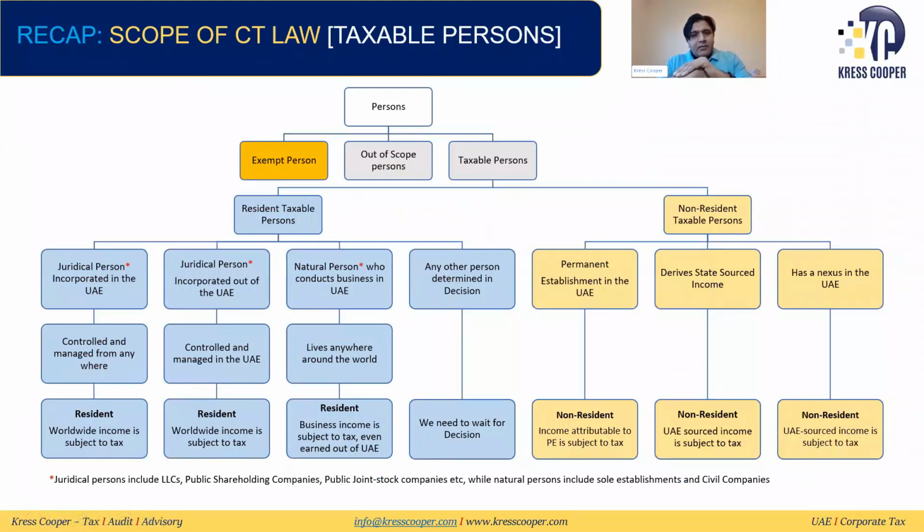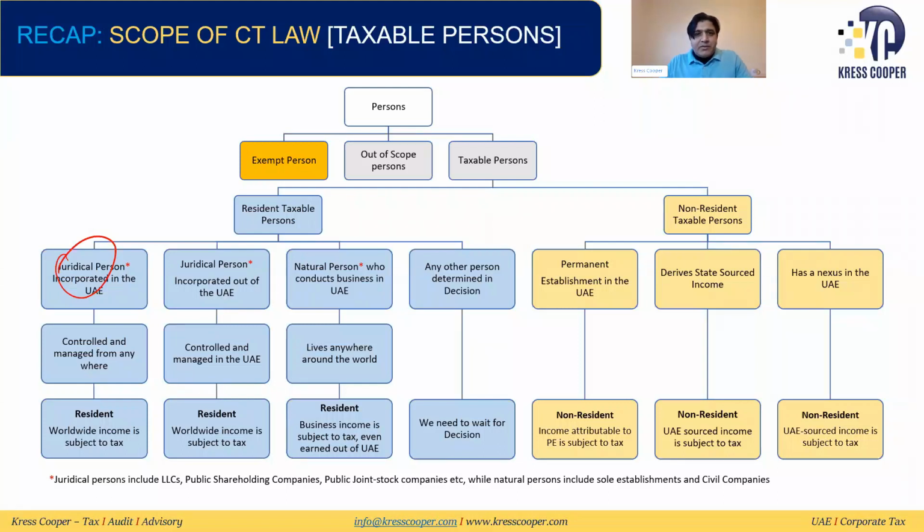This is a recap of our first lecture. In our first lecture, we discussed the persons. It can be exempt persons, out of scope persons, or taxable persons. We discussed that a taxable person can be a resident taxable person or a non-resident taxable person. In the resident taxable person, we discussed the juridical persons registered in the UAE, whose worldwide income will be subject to tax.